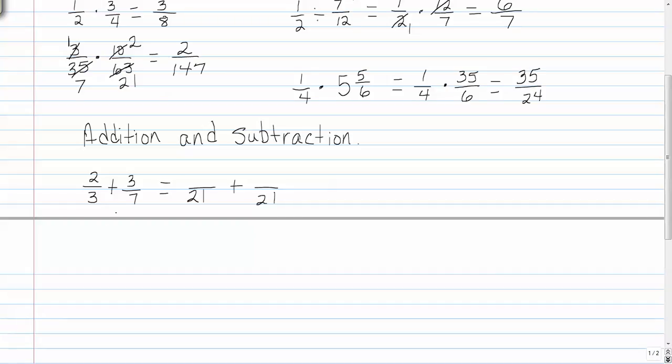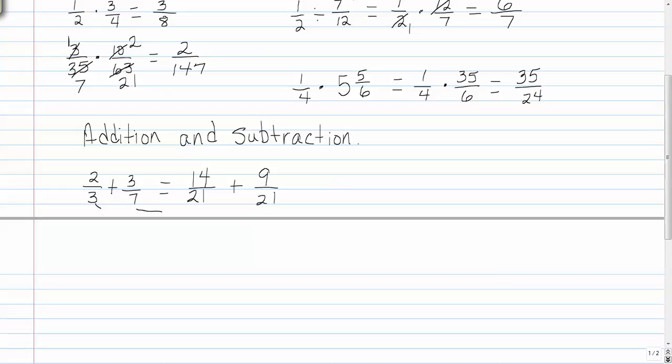So I want to rewrite each of the fractions with 21 as the denominator. So I want to find an equivalent fraction that's equal to 2/3 that has 21 in the denominator. Now the way you figure out what you put in the numerator here is you say 3 will go into 21 7 times, and then do 7 times that numerator, so it would be 14. And on the other one, say 7 will go into 21 3 times. 3 times 3 is 9.